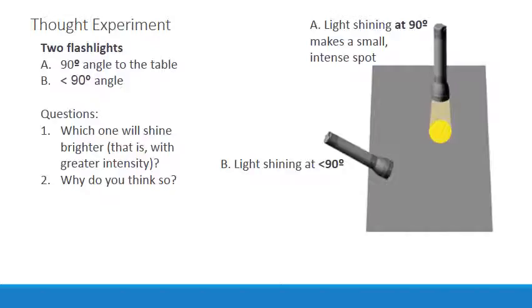So looking at flashlight A, we can see that it's shining at a 90-degree angle to the table, more or less, and it's making a small spot of intense light. What happens with B? What do you think is going to happen? What will that spot look like?